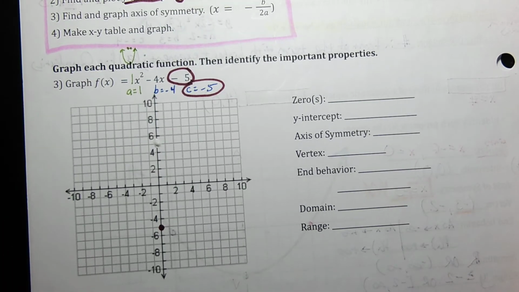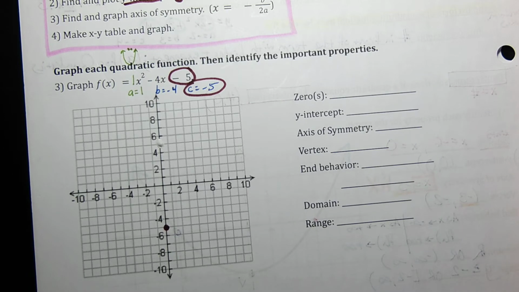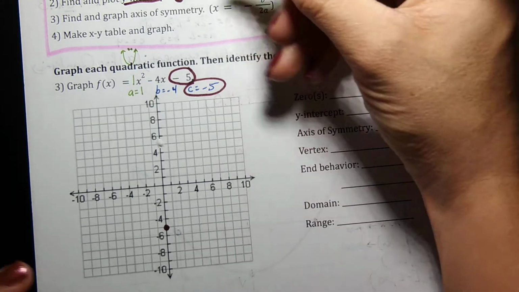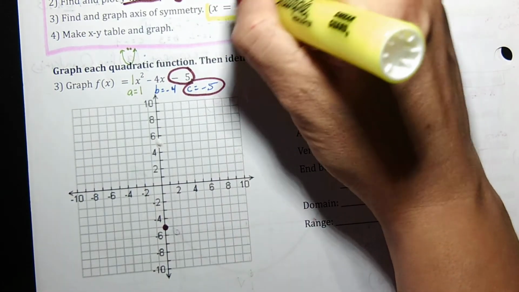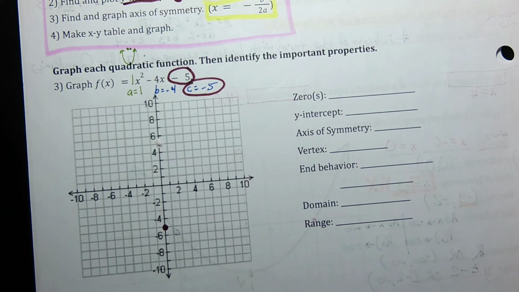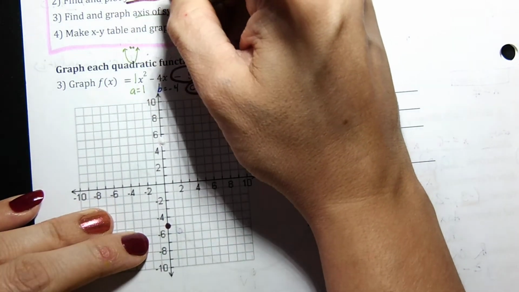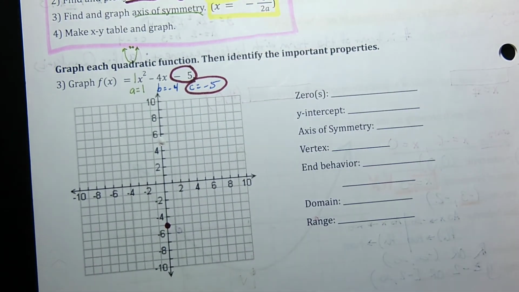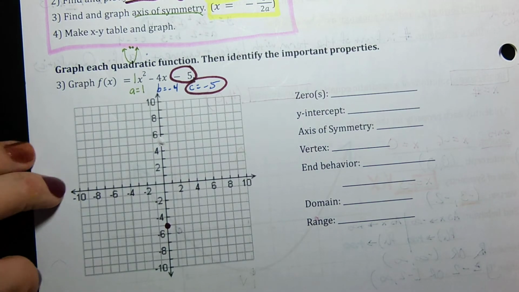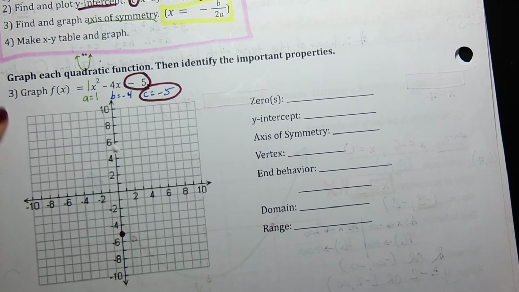So to finally get the shape of our graph, we have to use that equation for the axis of symmetry. So let's go ahead and highlight that equation one more time. X equals negative b over 2a. And that's where we start getting more information about our graph. So let's state what we know so far.